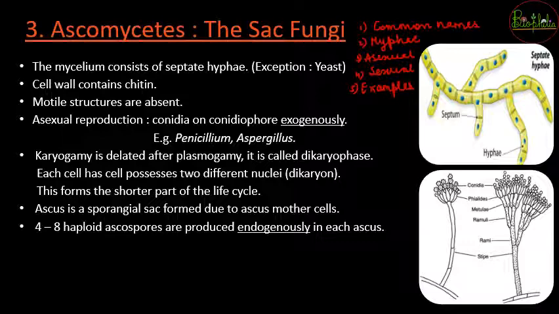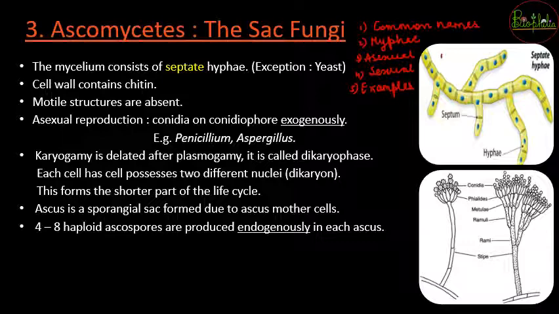The mycelium of Ascomycetes is going to be a different type than what we have studied till now. It is going to be a septate hypha. What does septate hypha mean? You can see in the figure over here.